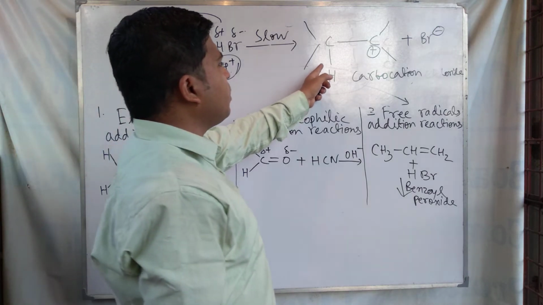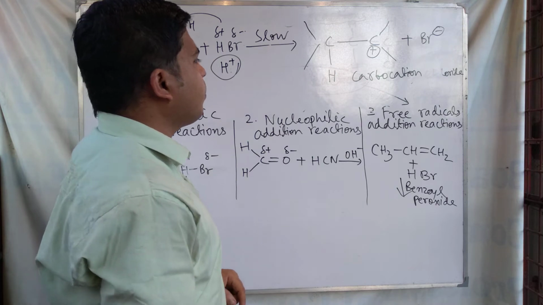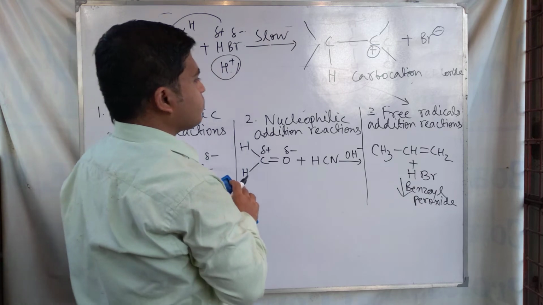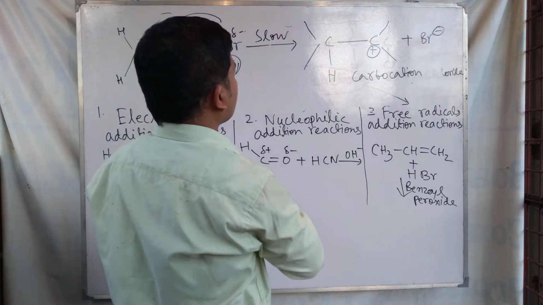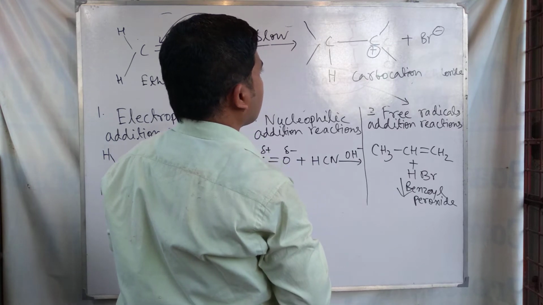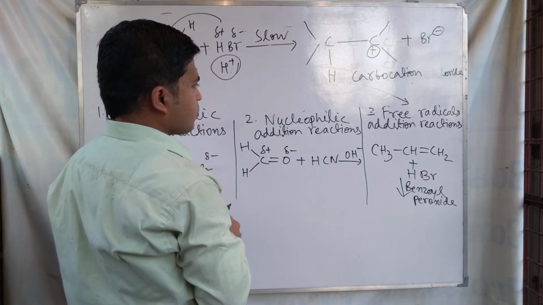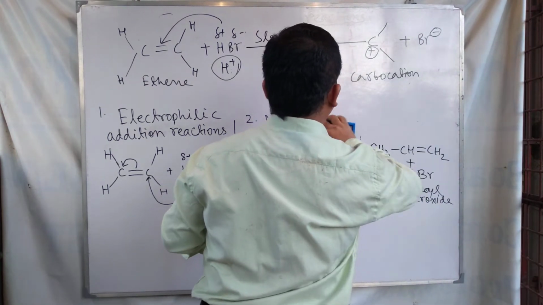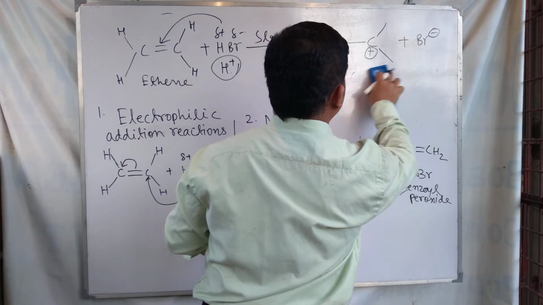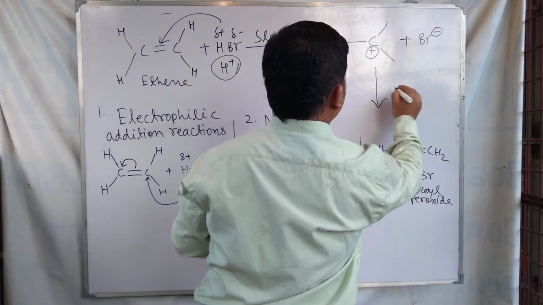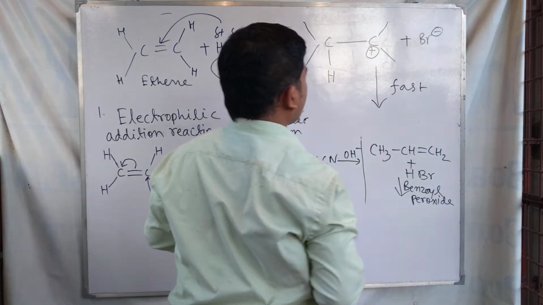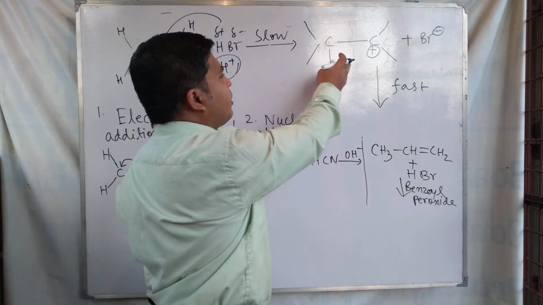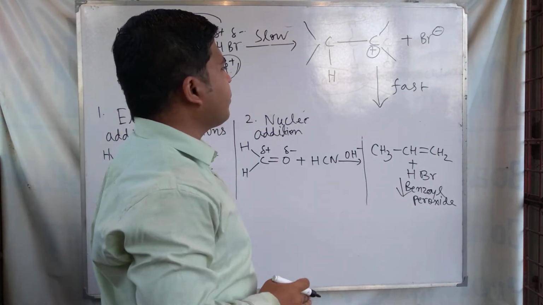So after addition of the electrophile H plus, this carbocation is formed. This is step 1, forming an intermediate, that is a carbocation as intermediate.